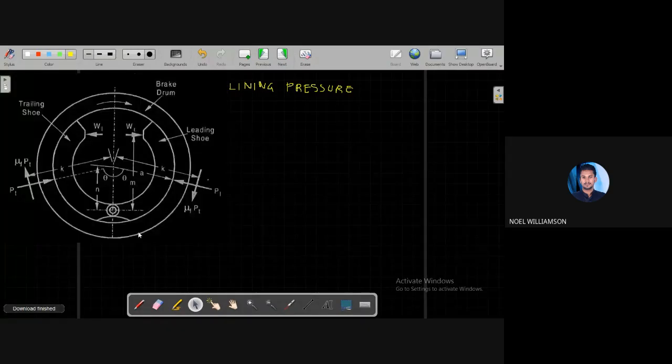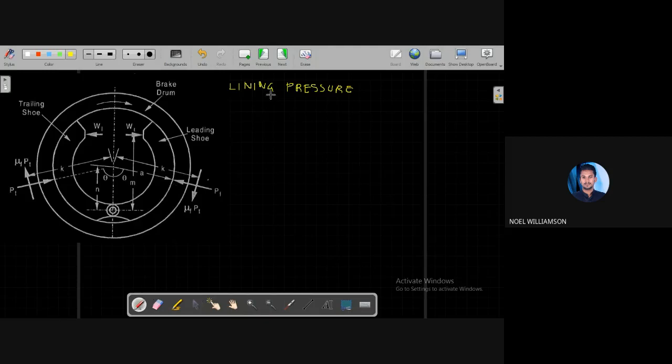Mean lining pressure we will take. Here you may see some of the forces acting on the shoes and the drum. So in order to simplify the calculations, we will make some assumptions.